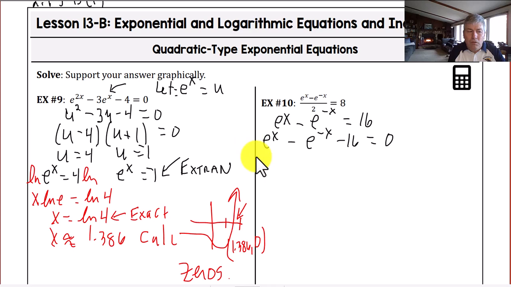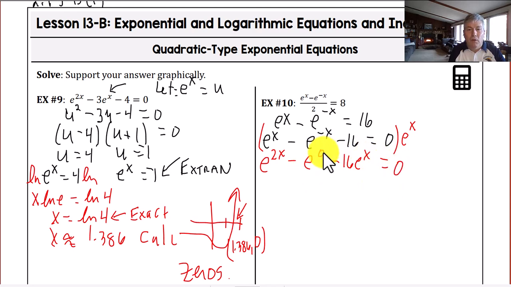And what I can do here is a little different. We're going to multiply both sides by e to the x, which then gives us e to the 2x minus e to the 0 minus 16 e to the x equals 0.